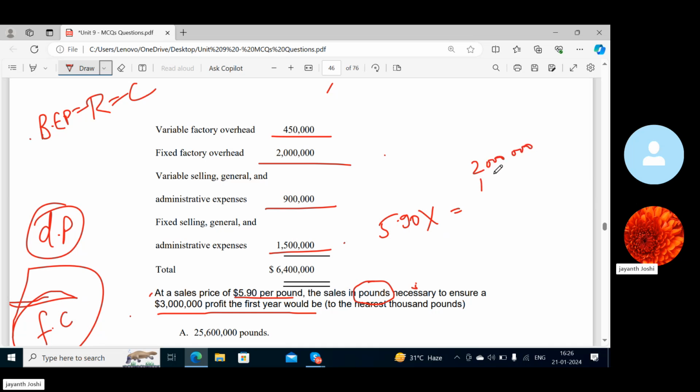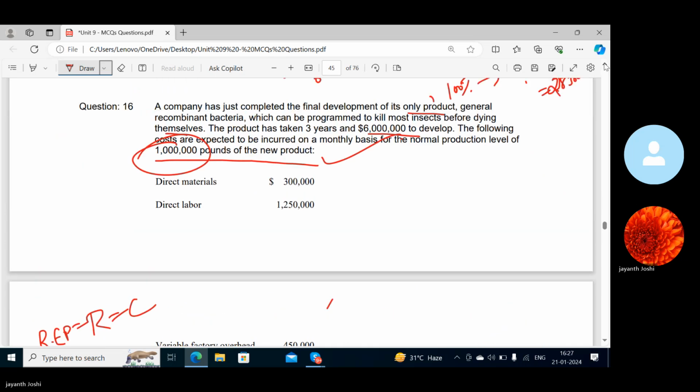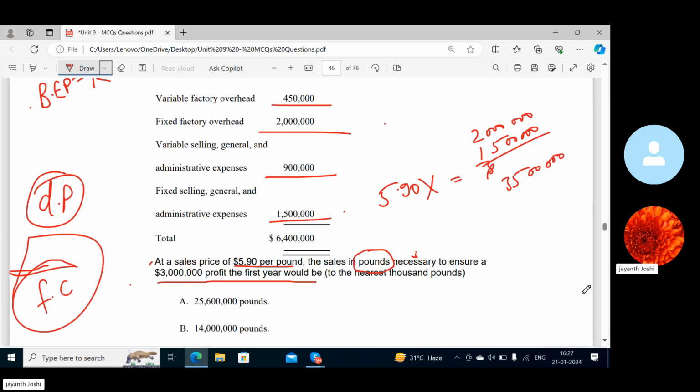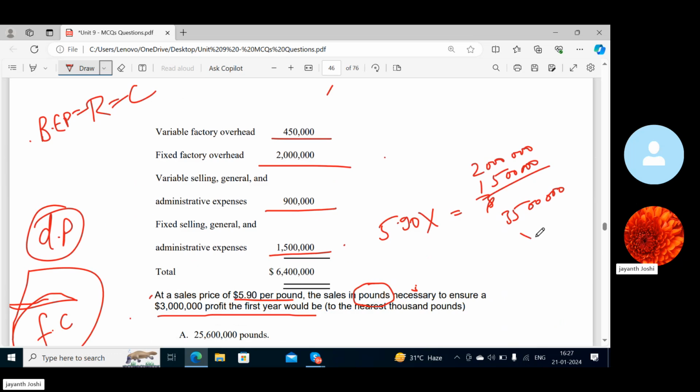And this one, 3.5. You can see it is per month, on a monthly basis. We have to convert to per annum, multiply by 12.